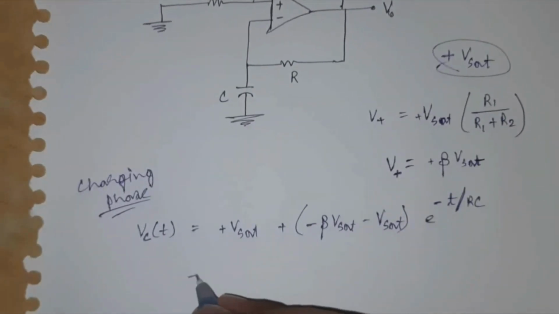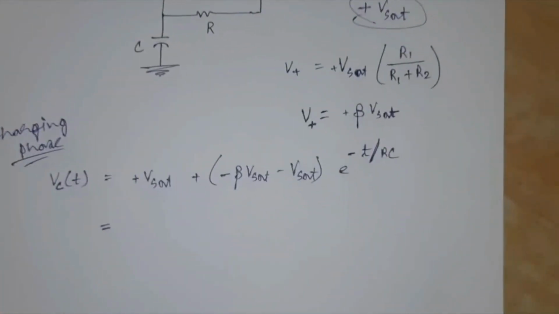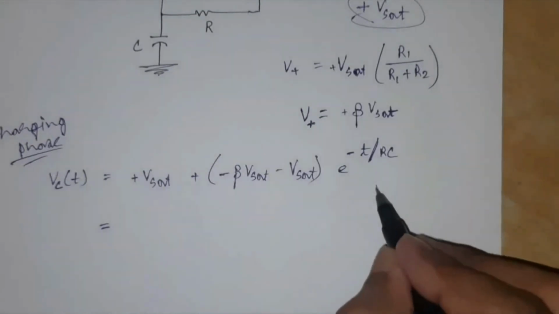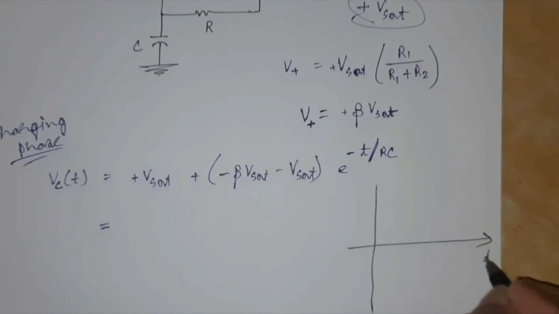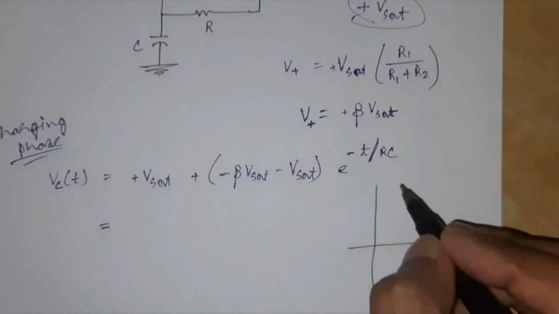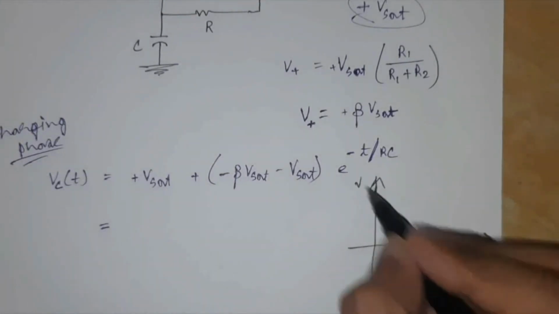Okay, so side by side, just see this, this is the time axis, and here we are denoting the voltages.